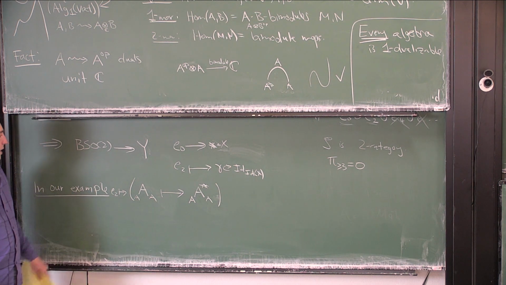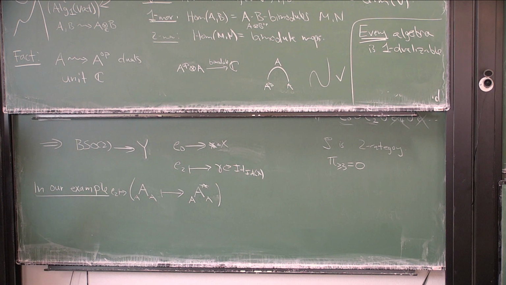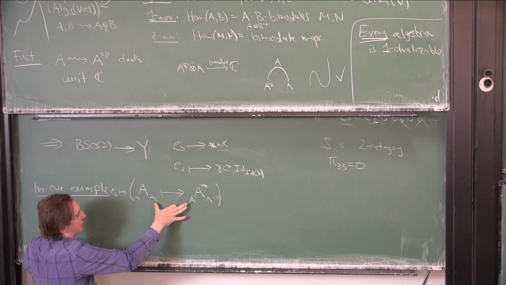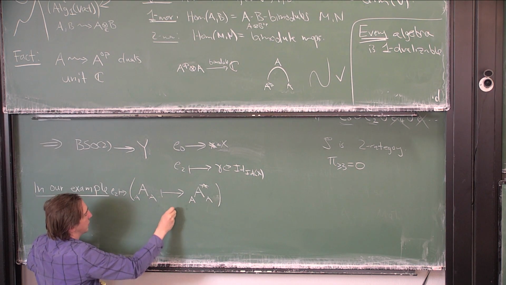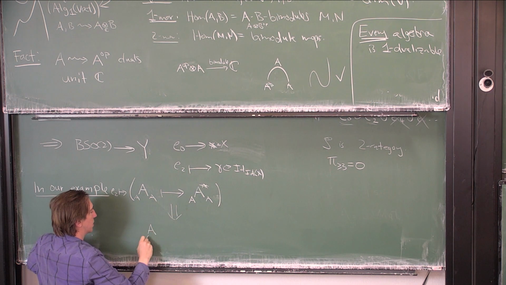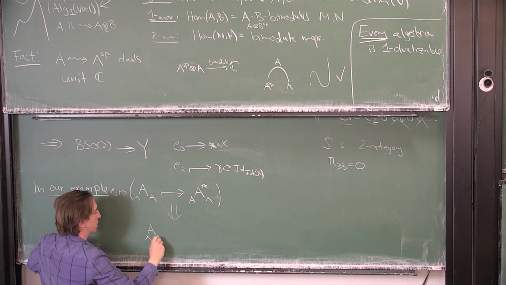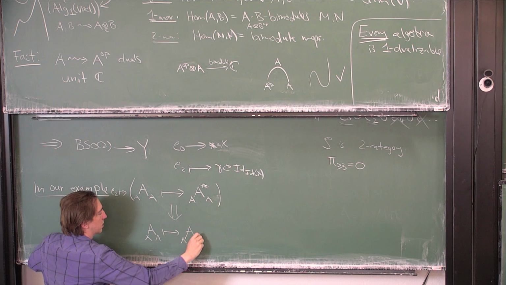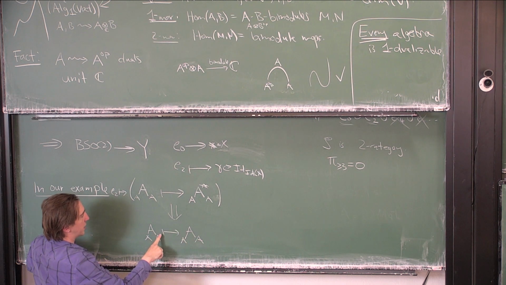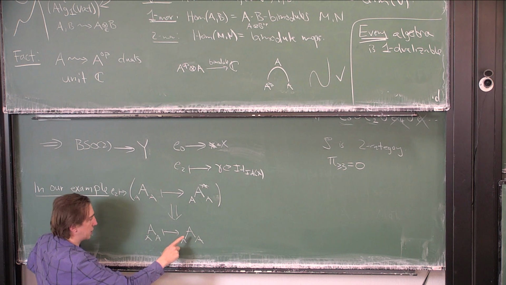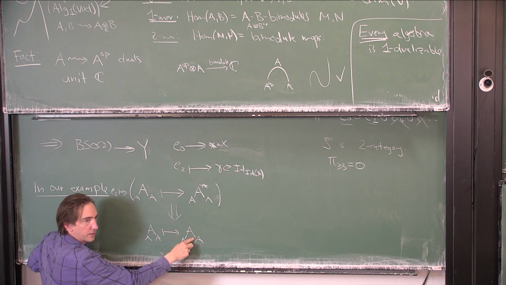Okay. And what is the data of a homotopy fixed point? I want to identify this thing with just the trivial action, which is where I didn't do anything.